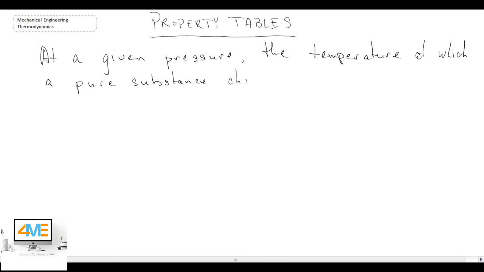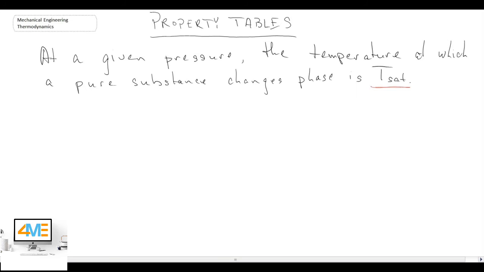if you're at a given pressure, so the pressure is fixed, so maybe it's your local atmospheric pressure, it might be 10 megapascals, something like that, but the temperature at which the substance changes phase, that is, goes from a liquid to vapor, that occurs at the saturation temperature, which is called Tsat.